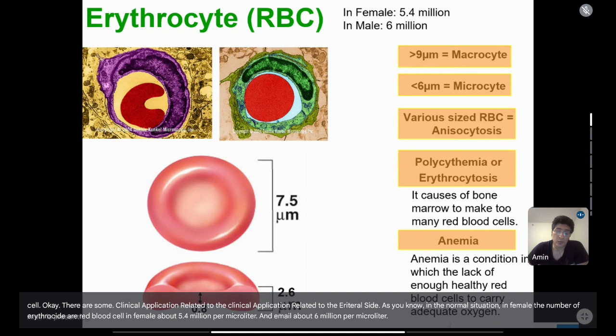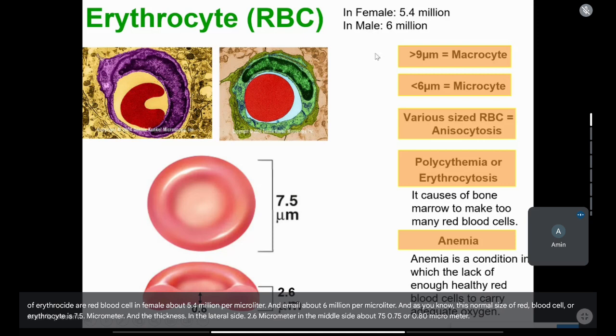And as you know, the normal size of a red blood cell or erythrocyte is 7.5 micrometer, and the thickness in the lateral side 2.6 micrometer, and the middle side about 0.75 or 0.80 micrometer.